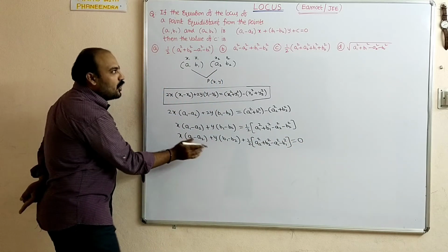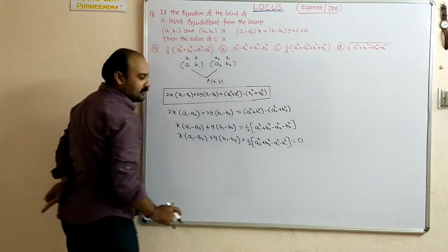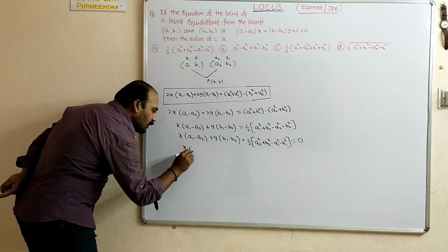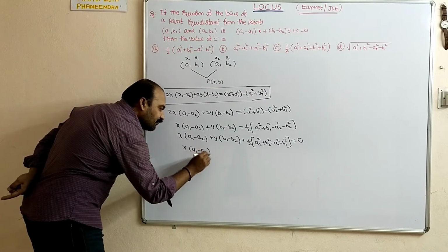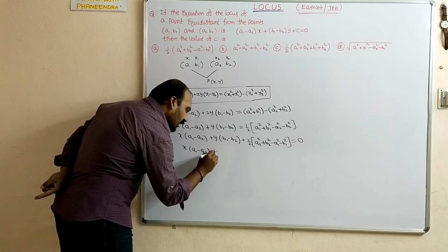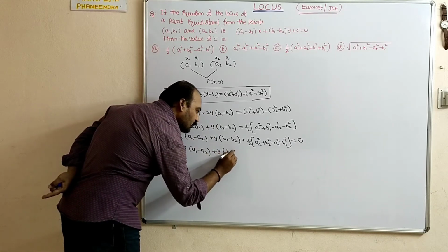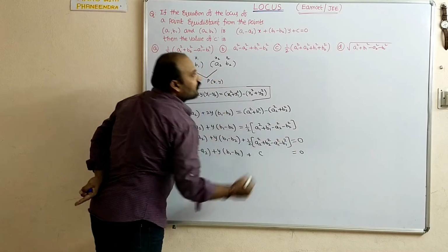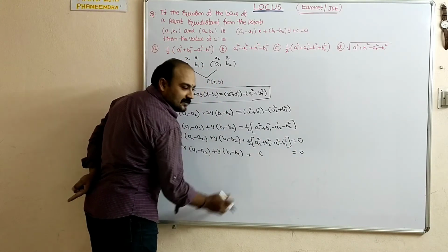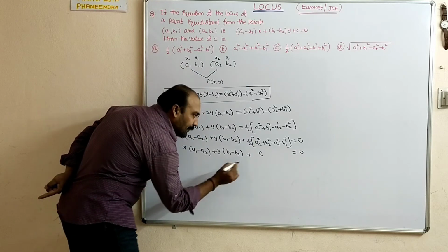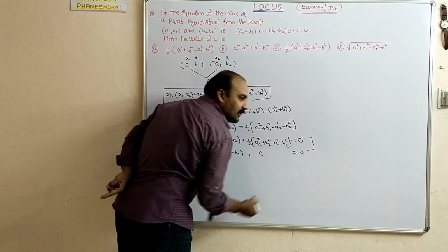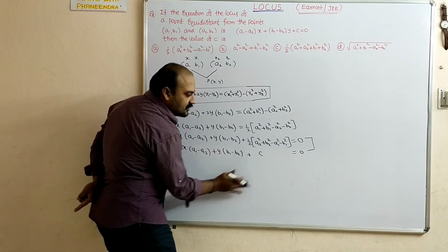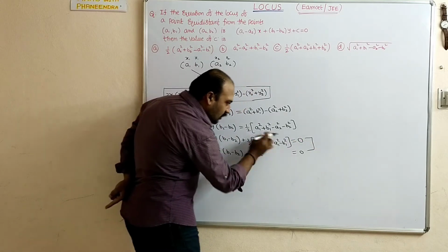This equation you have to compare with the given equation: x(a1 - a2) + y(b1 - b2) + c = 0. Now comparing the c values, c is equal to this value.